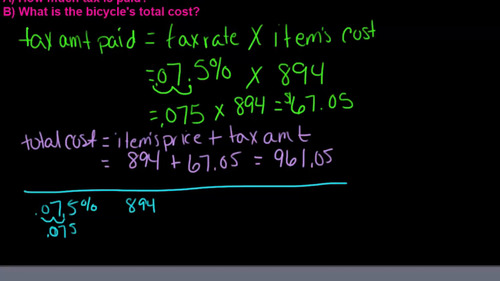So I essentially want 100% of 894 and then 7.5% of 894. So like up here, this is 100% of 894, which is the total of 894, and then this is 7.5%.